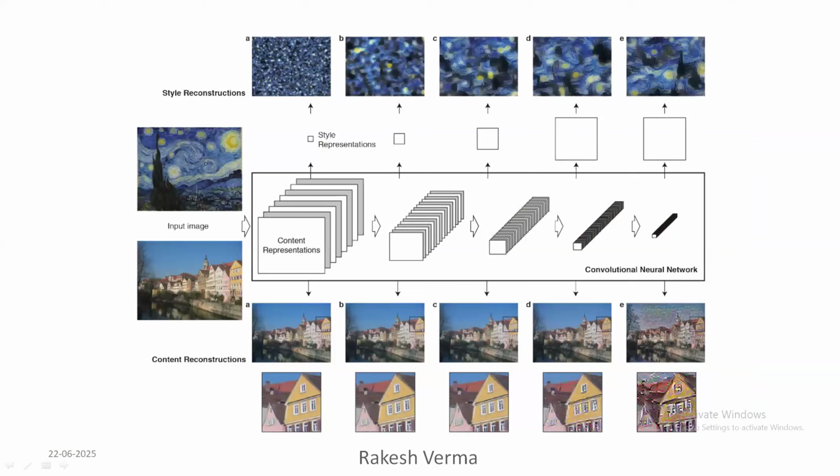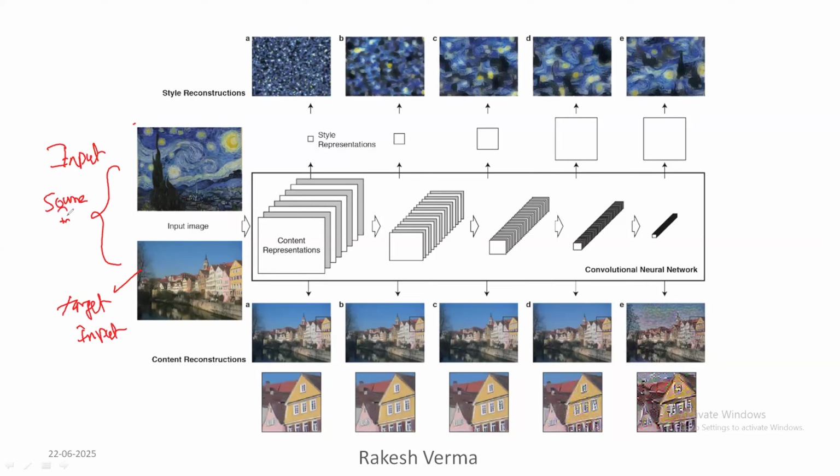So this is the architecture you can see. What this neural style transfer network does is take two images. The first image is the actual image or input image, and the other is another image. Both images are considered as input images. In one image we need to paste or copy the features of the other image. So this is the target image, where we need to copy the design or color or whatever content of the other image, and this is the source image.